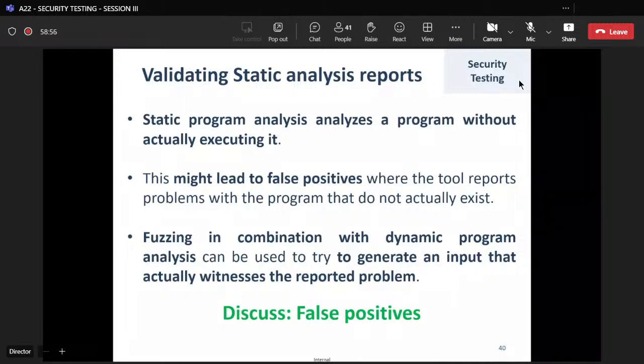They'll use various combinations within dynamic program analysis, and also try to generate the input from the reported problem and validate it: is it a true positive or a false positive? Because false positives are one of the challenges for the testing team to determine.